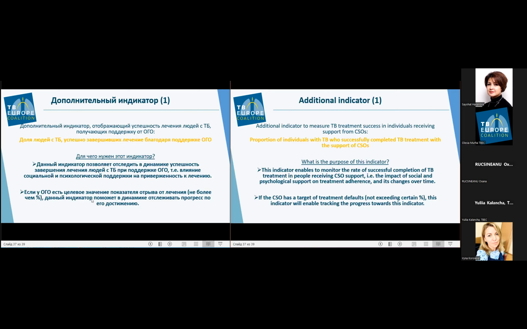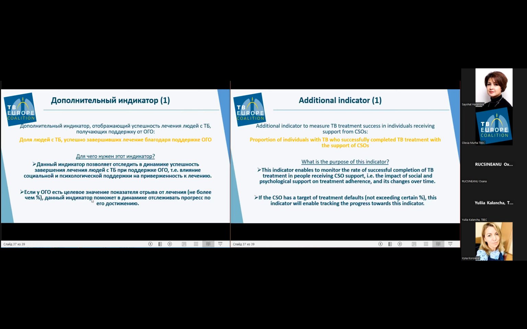And now a few words about the additional indicator. We called it an additional indicator because in Ukraine we think it is important to keep it, even if it is not included into the M&E system. But we also suggest WHO review the possibility to keep this additional indicator in each country.